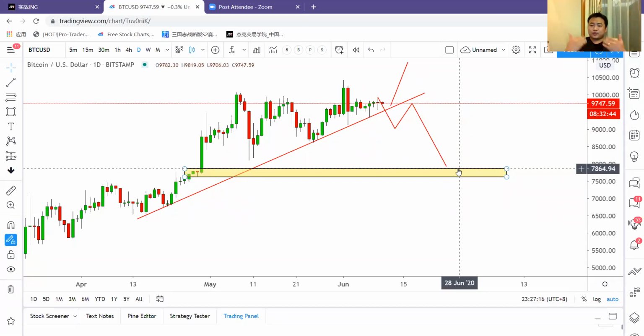What should I do if the true breakout happens? Should I buy the low of a pullback, or should I choose a reversal? It all depends on real-time decisions. We traders are decision makers. We are not fortune tellers.